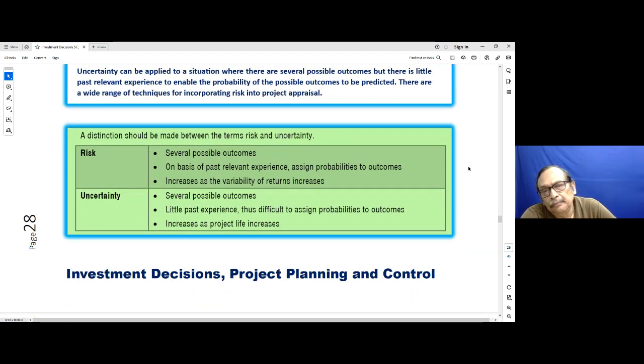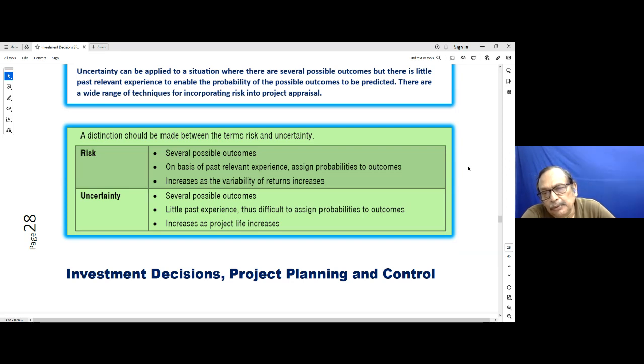Now, let us make a distinction between risk and uncertainty in the context of project appraisal or investment decision. Truly speaking, risk means several possible outcomes, on the basis of past relevant experience we assign probabilities to outcomes, and it increases as the variability of return increases. So risk is nothing but several possible outcomes on the basis of past relevant experience.